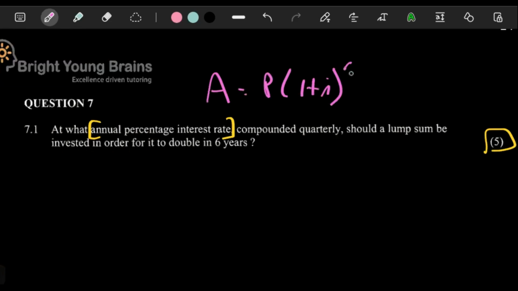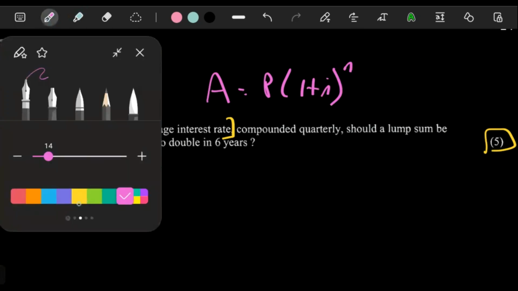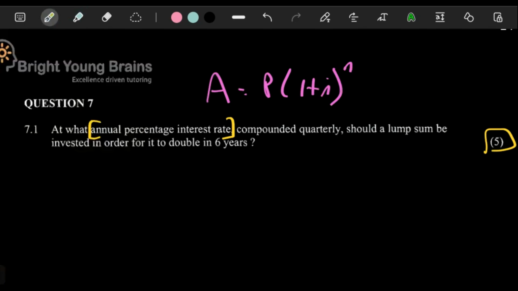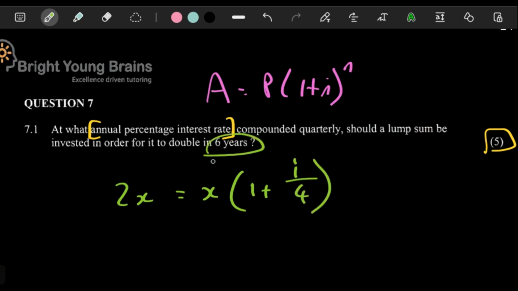If something is going to double, you can make the outcome 2x and the initial investment x. Interest rate, they said it's compounded quarterly, but we don't know what the interest is. Since it's compounded quarterly, you have to divide by 4. If it's going to take 6 years, 6 years times 4 gives us 24 times that the money gains interest.